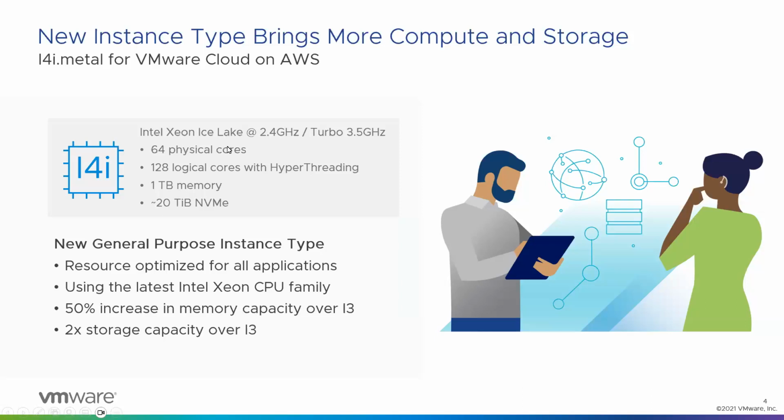We have 64 physical cores with one of the latest Intel Ice Lake processors, with 1 terabyte of memory and 20 terabytes of NVMe disk. So you can run literally, I wouldn't say each and every workload, there are still some limits. However, for 95% of the workloads you are running on your own premises vSphere, i5 would be a perfect fit in terms of CPU capacity, performance, capabilities, memory capacity, and vSAN storage associated with that host.